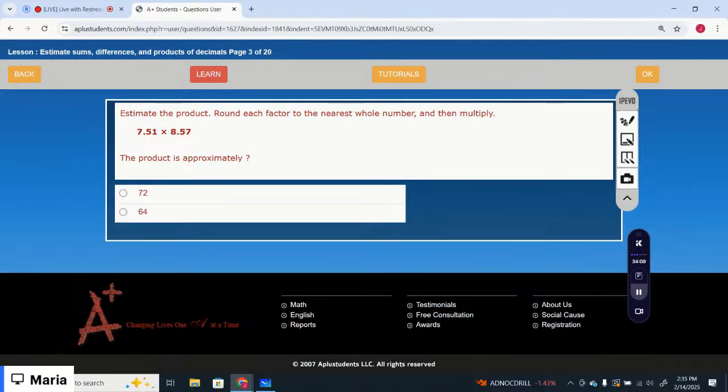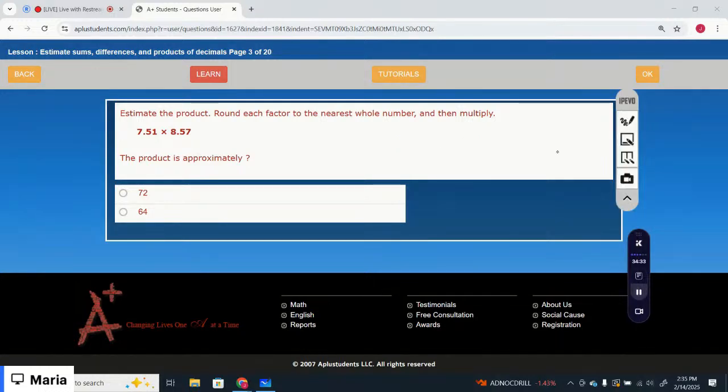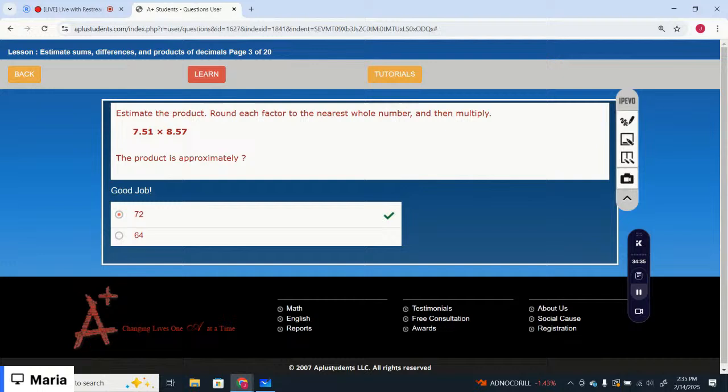Okay, 7.51 times 8.57. So right after the decimal point, that is 5. 5 is equal to 5. You need to round up, add 1 to the whole number. 8.5. Again, you have 5. 5 is equal to 5. Round up. 9 times 8 is 72. Option number 1 is the correct option. 72 it is.